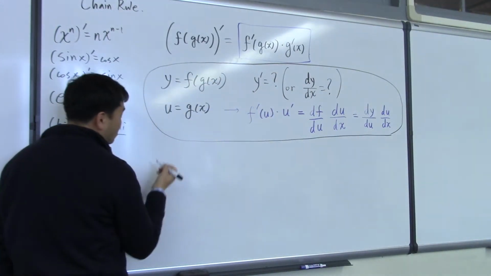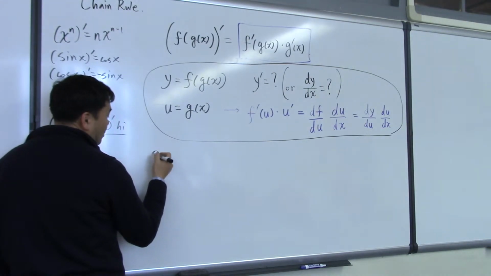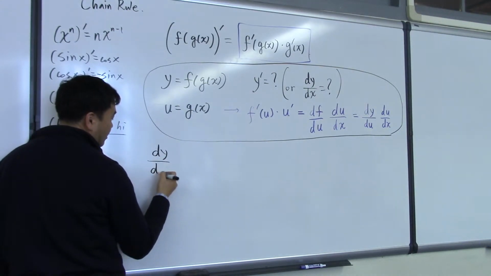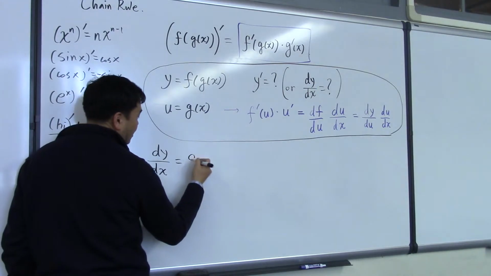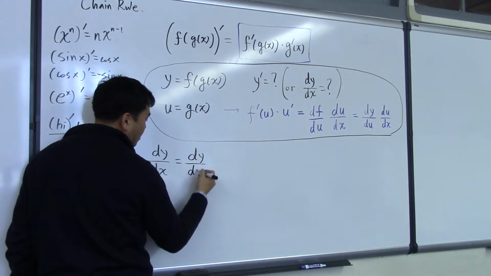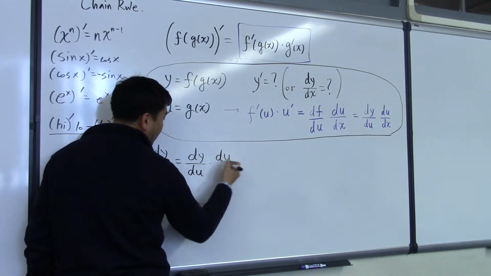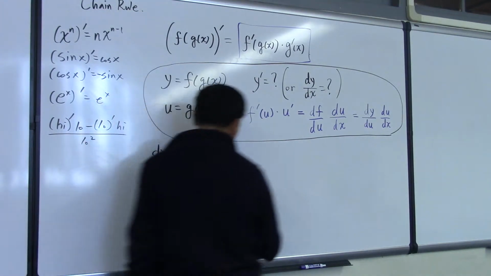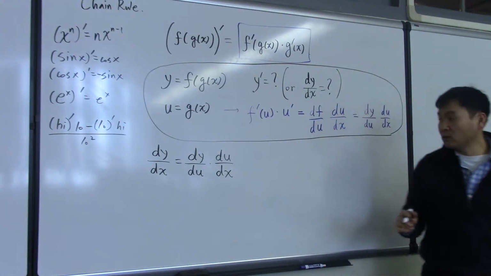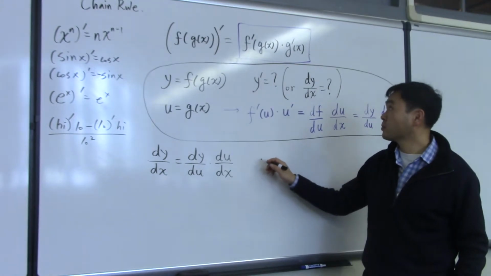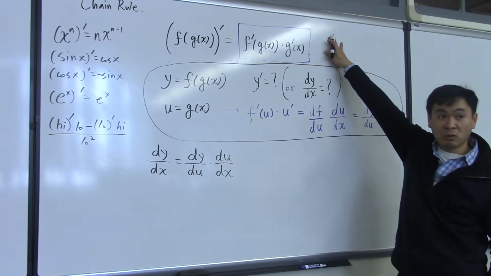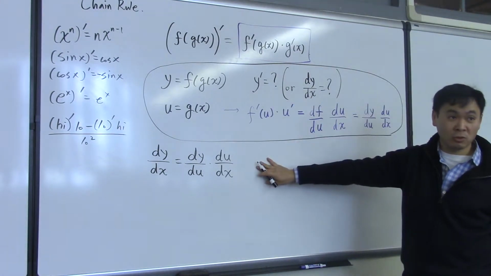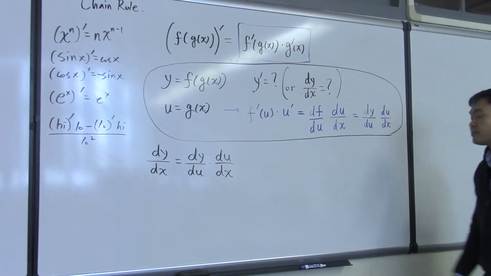And the Leibniz notation simply says dy dx is equal to dy du times du dx. That's the chain rule in Leibniz notation. Chain rule in Newtonian notation, chain rule in Leibniz notation.